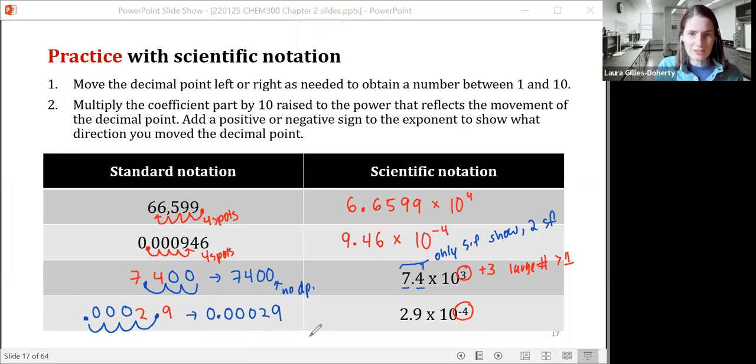And you can always check: if I converted this back into scientific notation and went 1, 2, 3, 4, I'd get 2.9 times 10 to the negative 4. So you'll get practice doing these on your homework. You should be able to go seamlessly back and forth between scientific notation and standard notation.